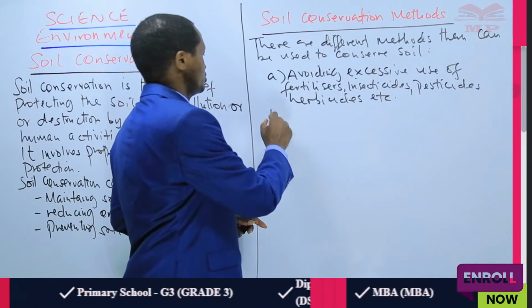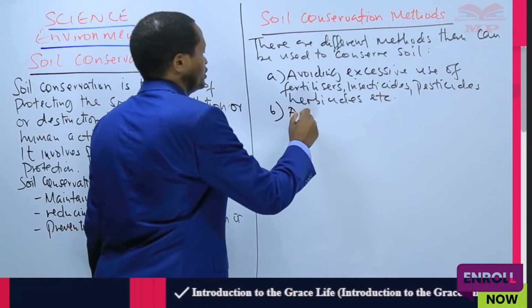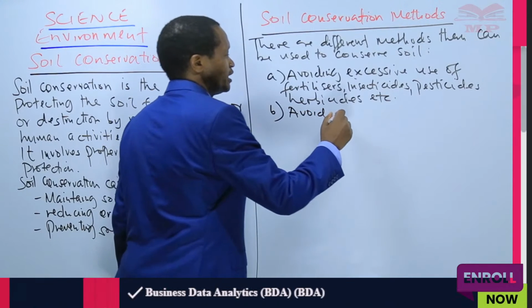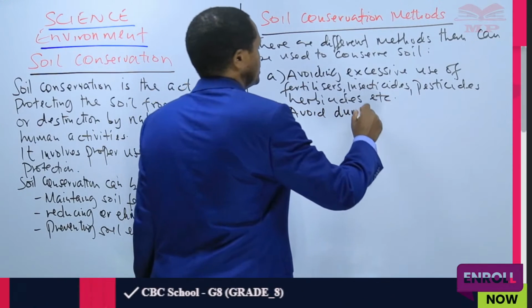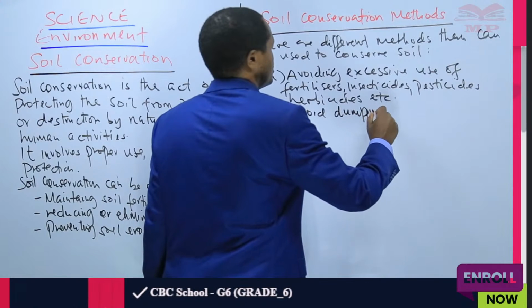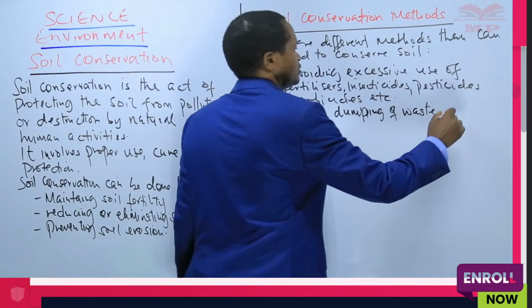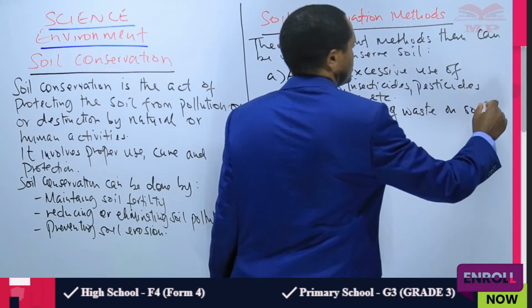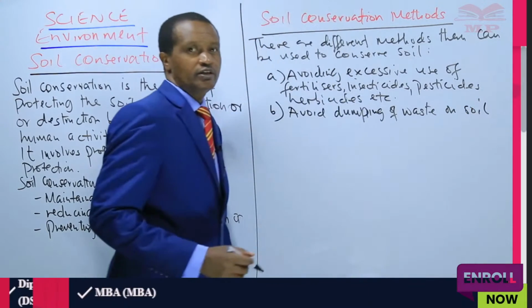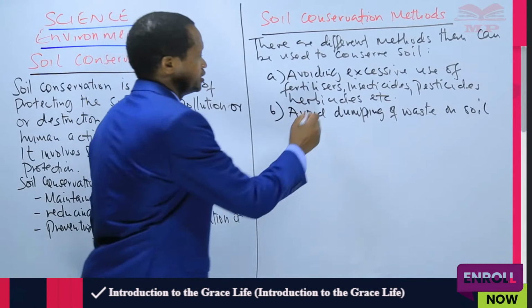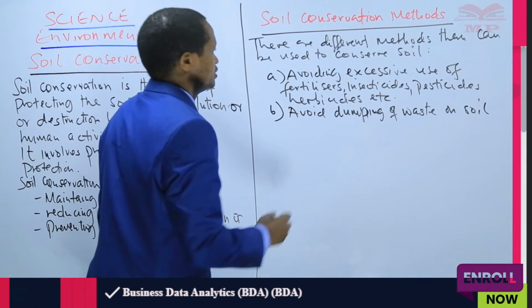Number 2, or B, avoid dumping of waste on soil. That is the second method.